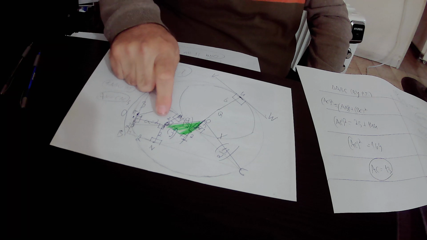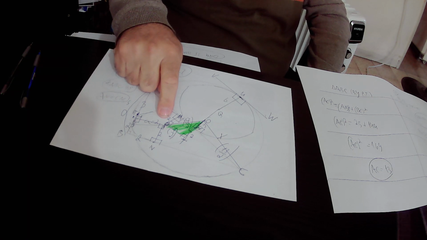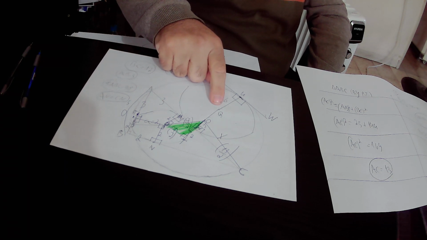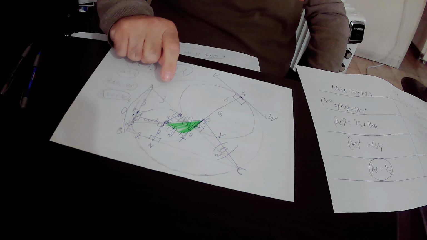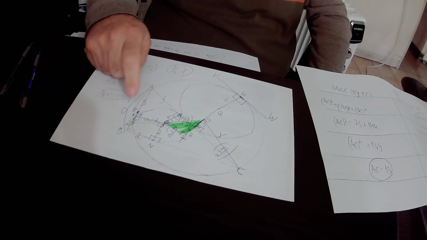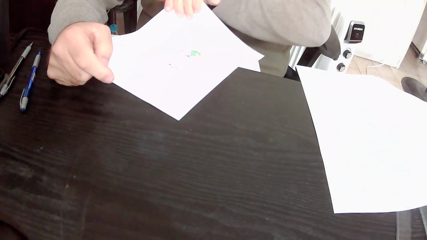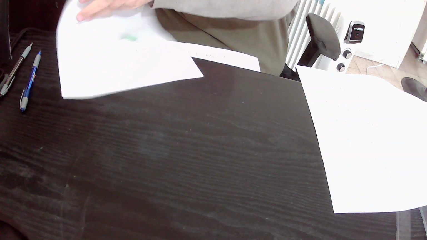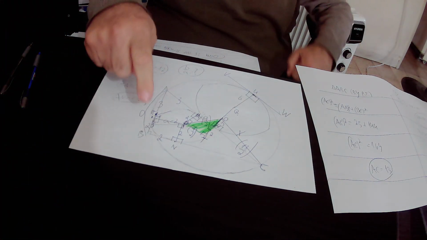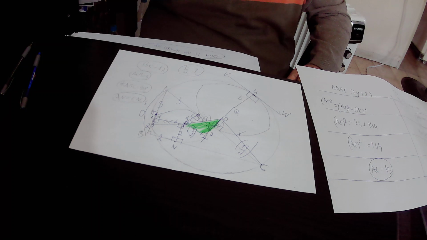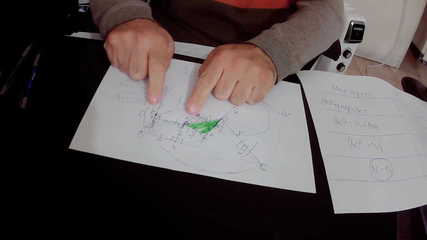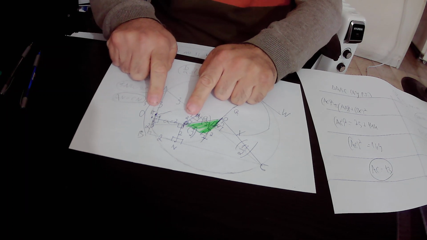We define the center of this circle as P. AB is tangent to this circle at point T. We join points P and T together by a straight line.